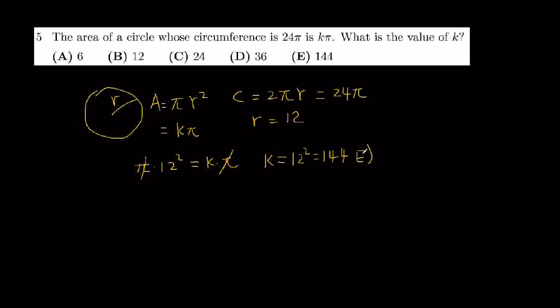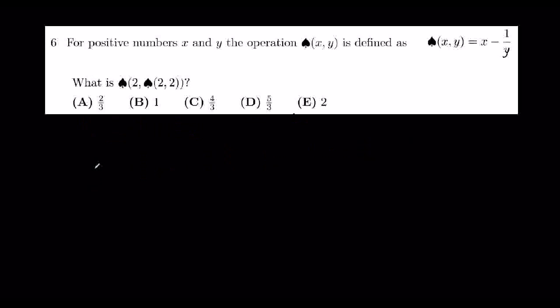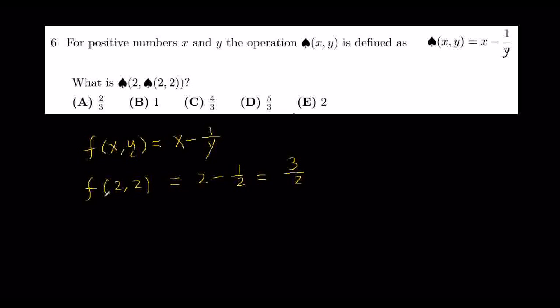Answer is E. Question number 6. We have a function, say f, which is a spade here, of x and y equal to x minus the reciprocal of y. So first we do the function of 2 and 2. That will give us 2 minus a half, which is 3 halves.